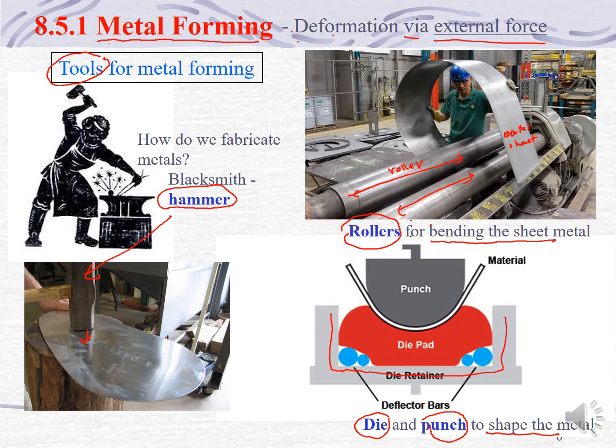The die will have the shape of the final product that we want to produce. The top part here is the punch. The compressive force will be applied to this punch in order to deform this metal.